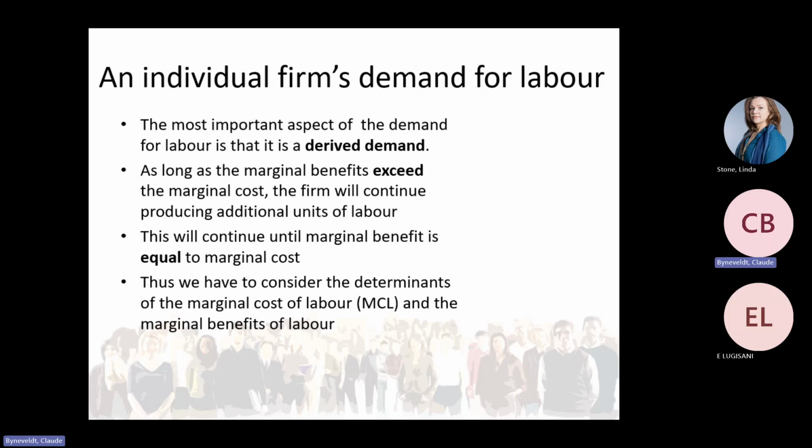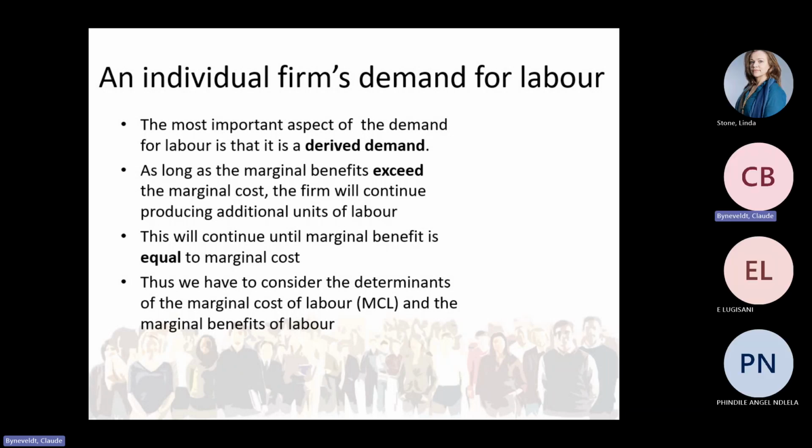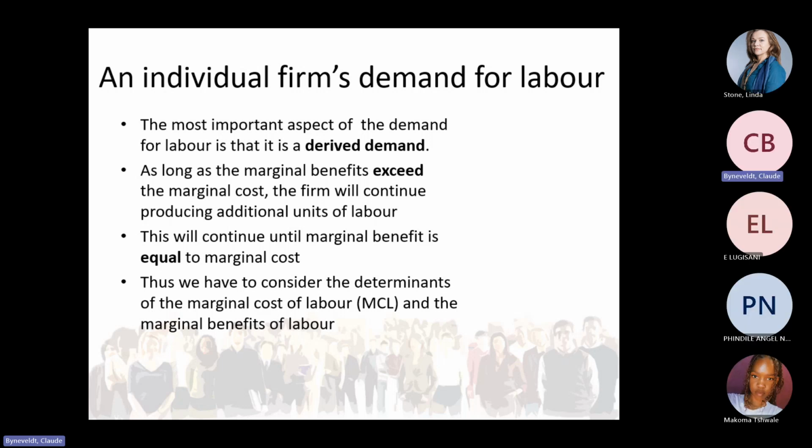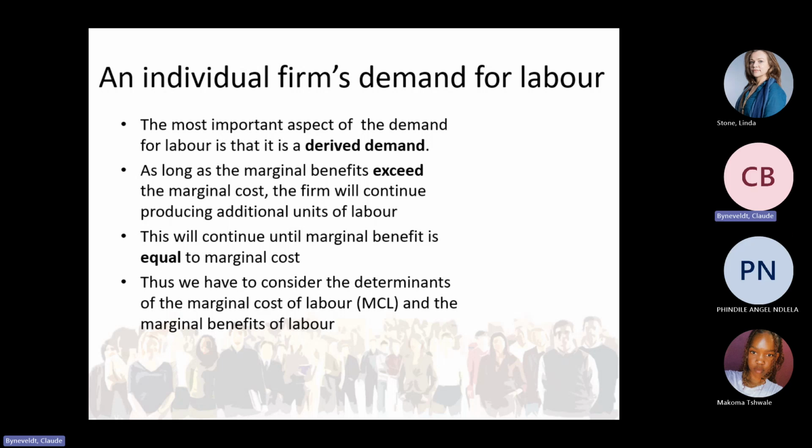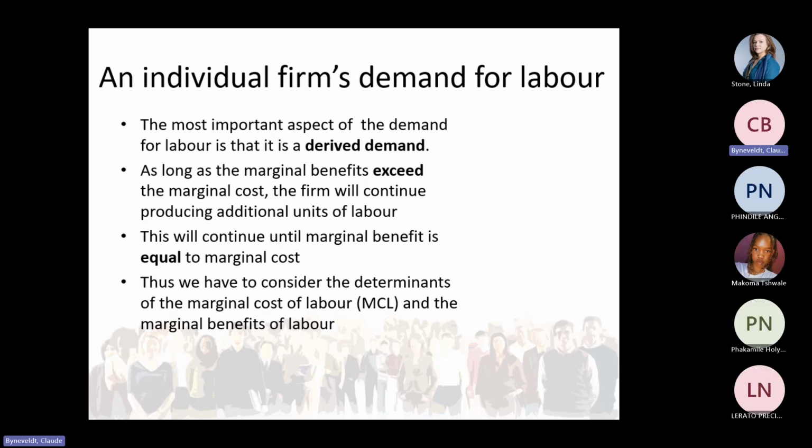If the marginal benefit is less than the marginal cost of employing one additional worker, then the firm will not employ that additional unit of labor. It will not be cost effective. It will not be profitable for that firm.